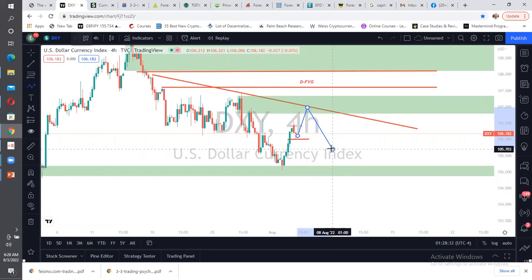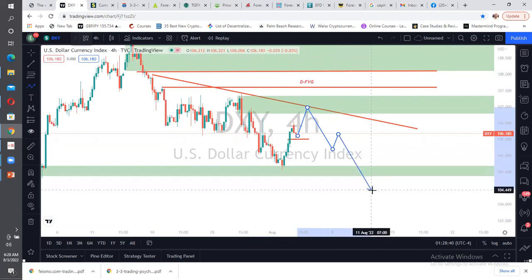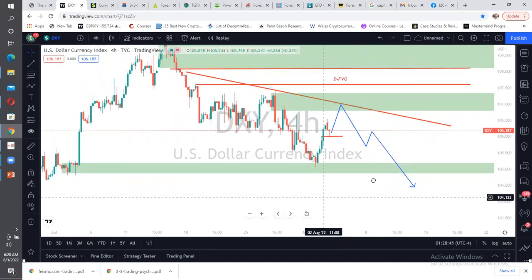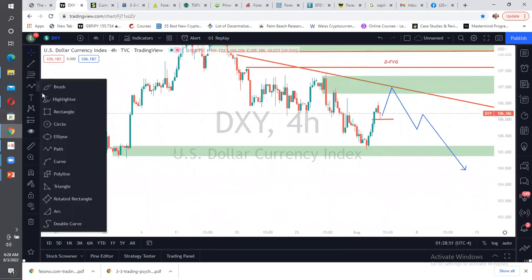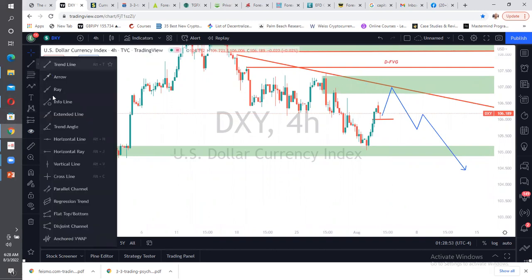Then when they hit this level, I would like to see a pullback. Then I expect this move to take away this liquidity to the downside. This is what I'll be expecting from this particular pair. And once it comes into this level, there is also an FVG here.